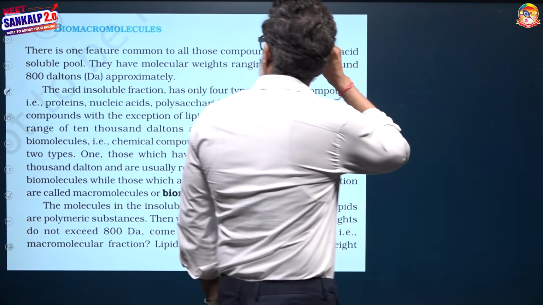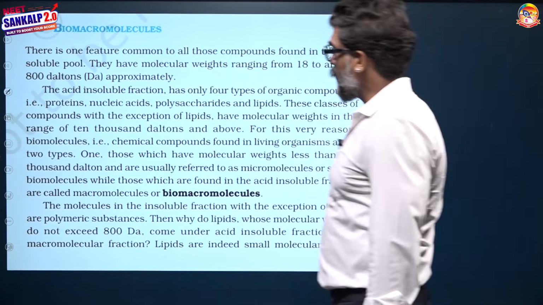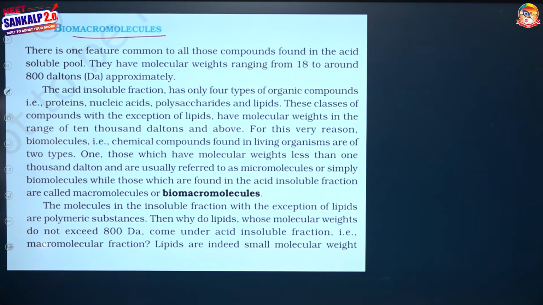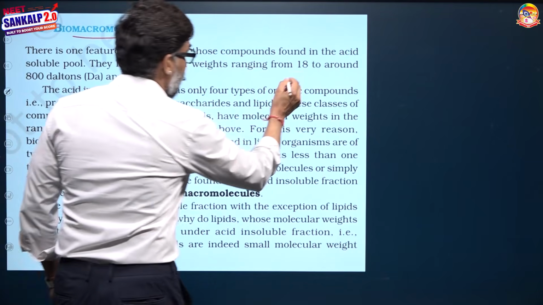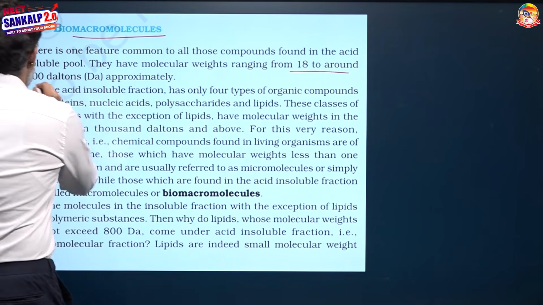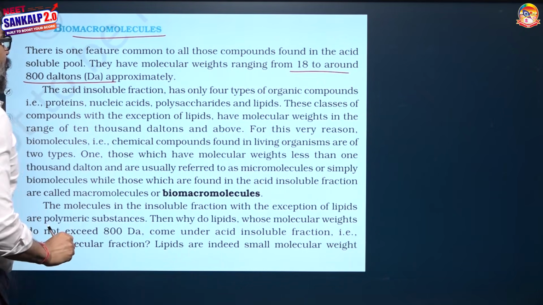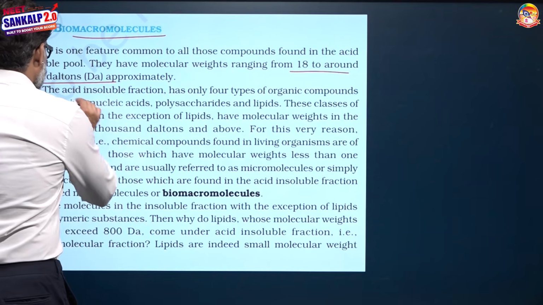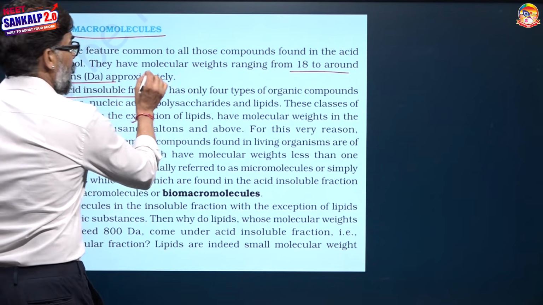Then there are biomacromolecules. The definition mentioned here: any compound that has a molecular weight ranging from 18 to 800 Dalton is known as a micromolecule, and they are present in the acid soluble fraction.